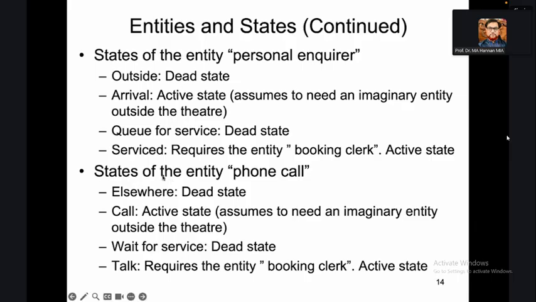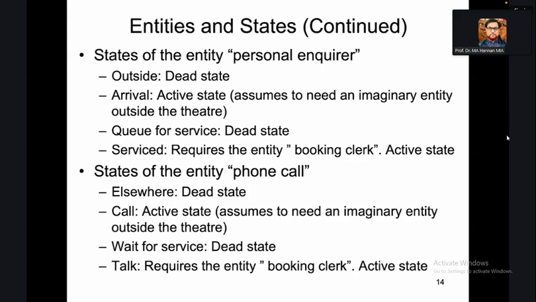Then if we talk about the state of the entity, what we call phone call, আমরা তিনটা আইডেন্টিফাই করেছি এখানে ফোন কল। তাহলে ফোন কলের দেখো ডেড স্টেট ফার্স্ট। Before you make a call to the center or to the booking clerk, individual customer যারা আসতেছে, what you call the caller, সেই কলার কোথায় ছিল, কি করতেছিল, that is not our headache.